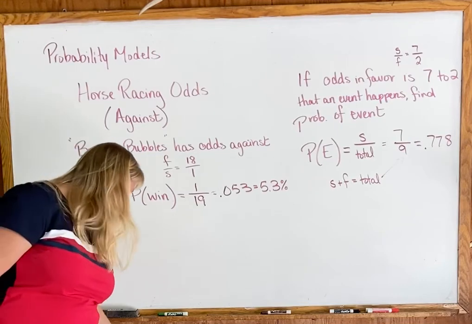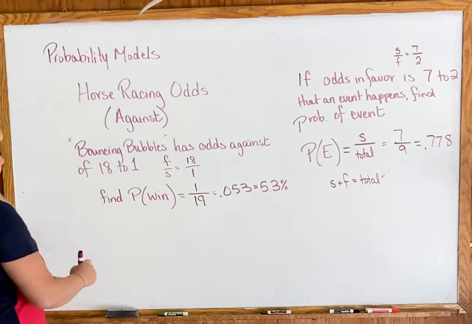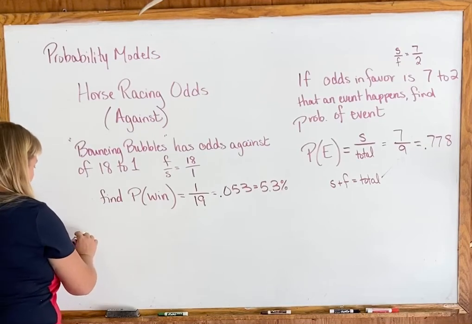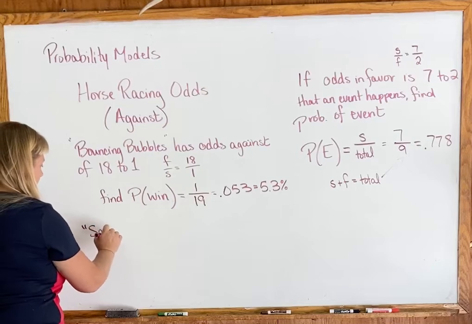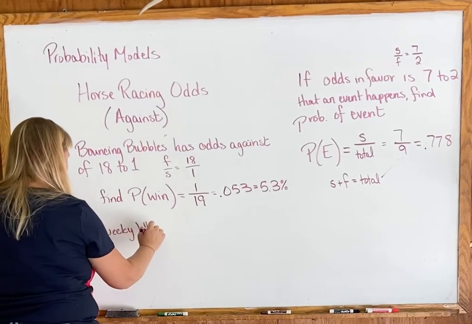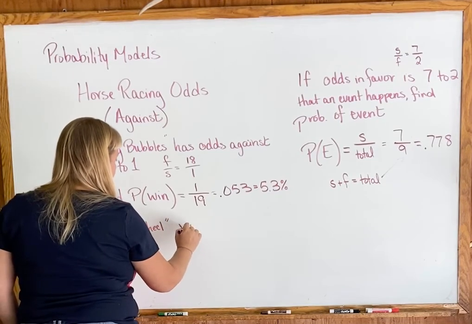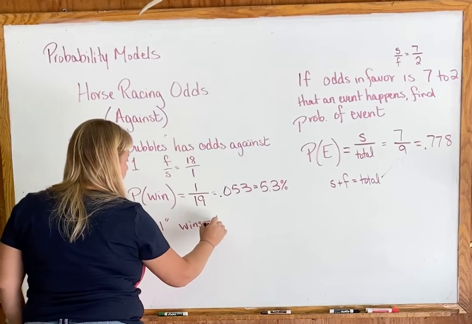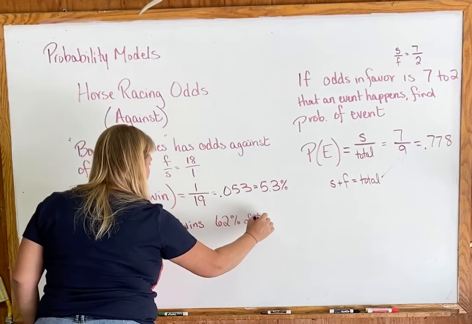All right. Let's do one more of these. Let's say Squeaky Wheel wins 62% of her races.